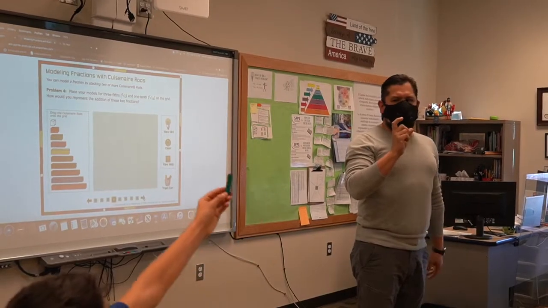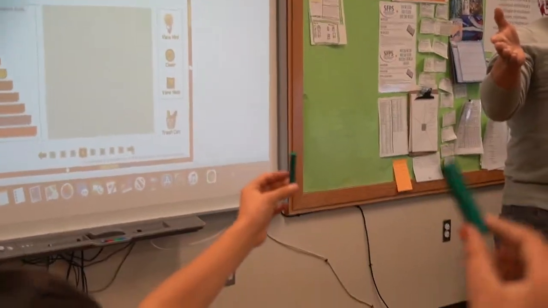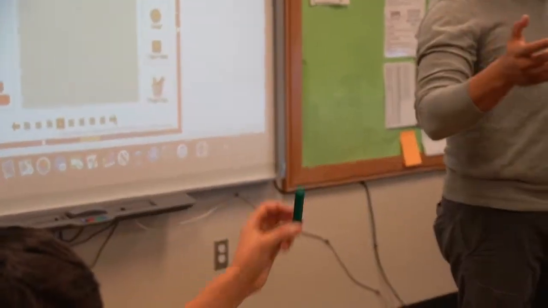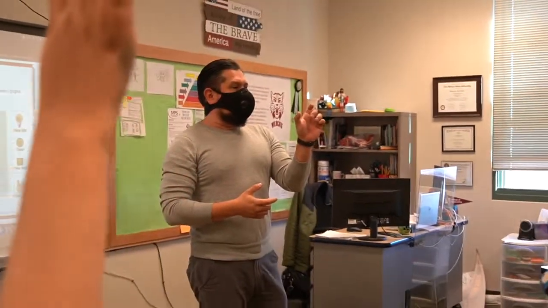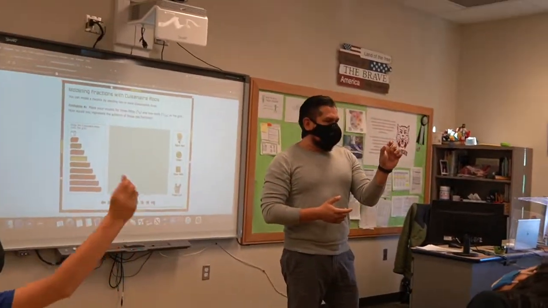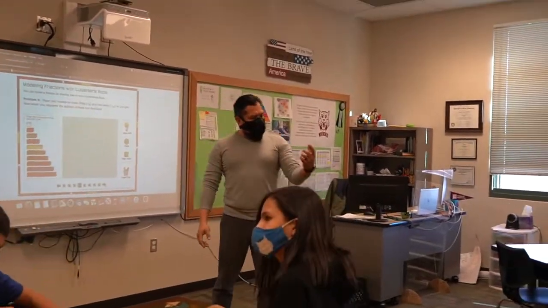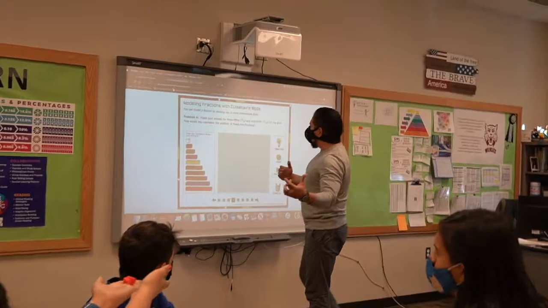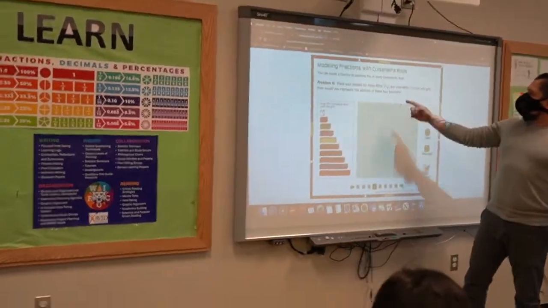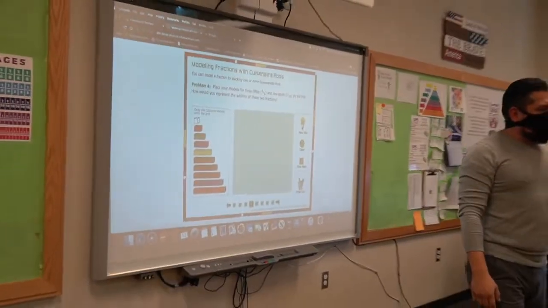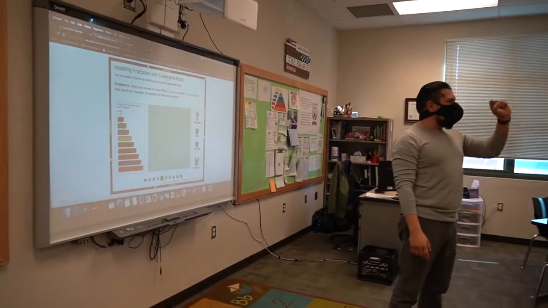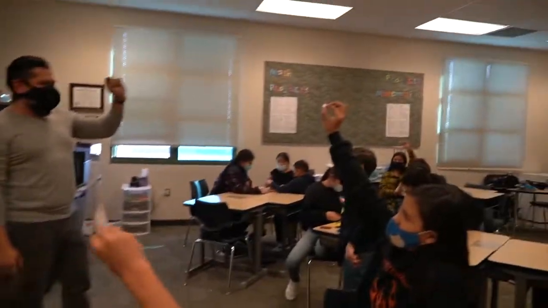Oh yeah, we definitely had that green rod, right? We also had how many red ones? 3. Okay, so if you want to grab the green one, if you want to grab 3 reds, put them right there on your desks. And also, grab the one that represents 1/10. Which one represented 1/10? The white little square. The white one, right? Okay.